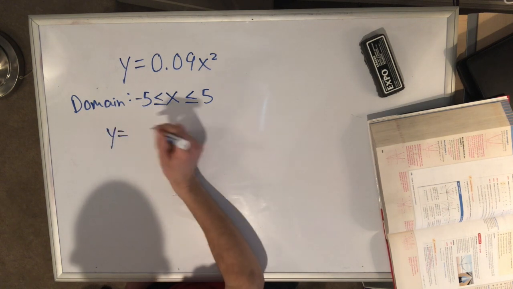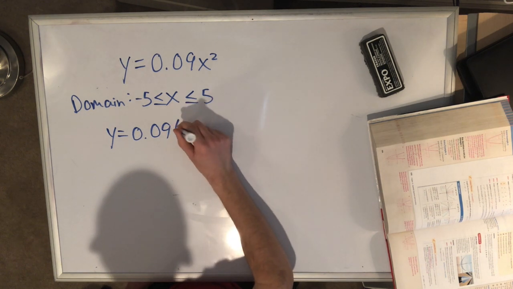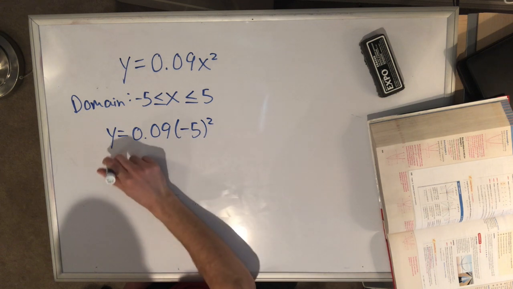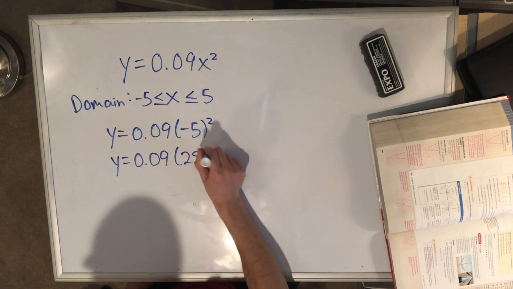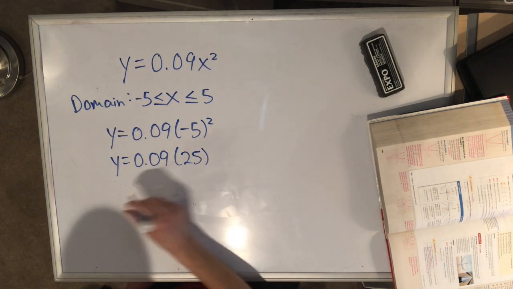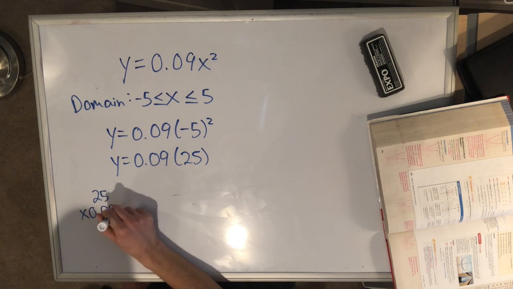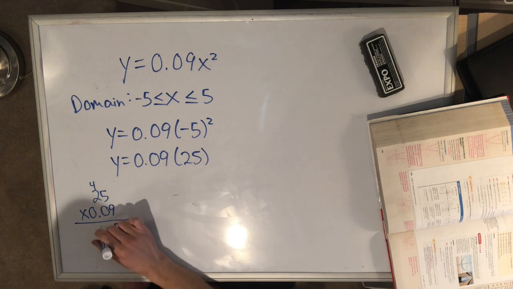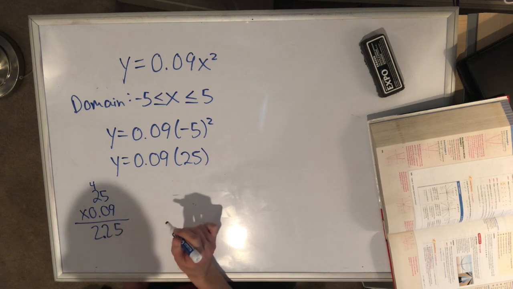So y equals 0.09 times -5 squared. -5 times -5 is +25. 25 times 0.09. 9 times 5 is 45, carry the 4. 9 times 2 is 18, plus 4 is 22. Two decimal places in the multiplication problem, so we need 2 decimal places in the answer.